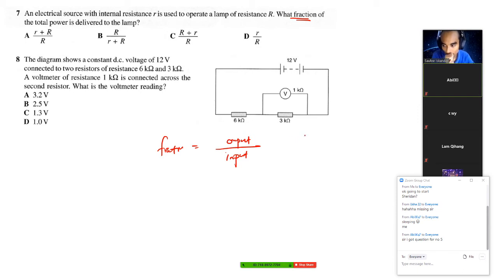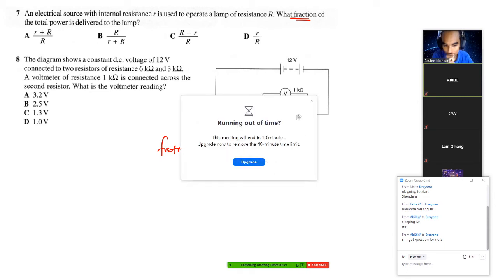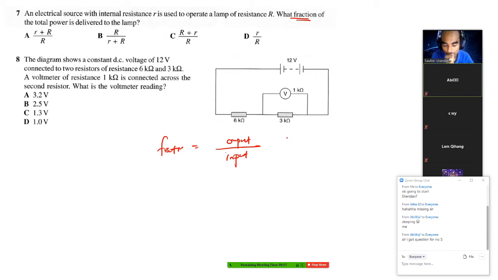The output will be equal to I squared R. This is the power of output. Power of input is equal to I squared times (r plus R), because it says that the source has internal resistance, so the input includes the internal resistance r.